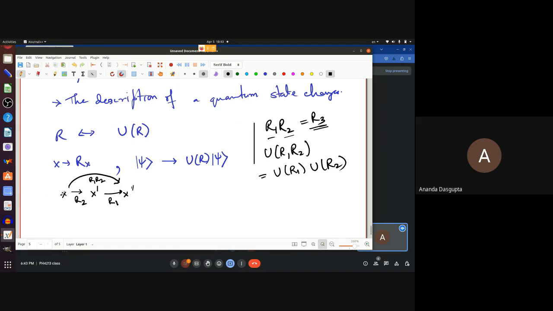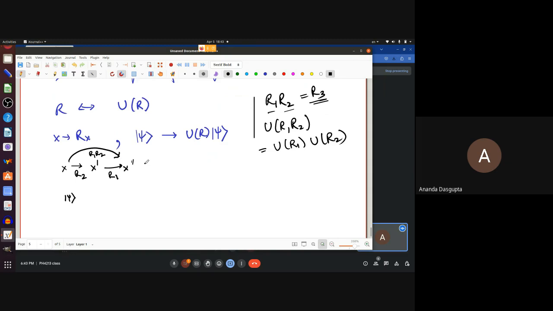When you were using the coordinate system where X was being measured, psi was describing your state. When you carry out this rotation R2, you go to psi prime, which is UR2 acting on psi. Then you carry out the rotation R1, you go to UR1 acting on this state.